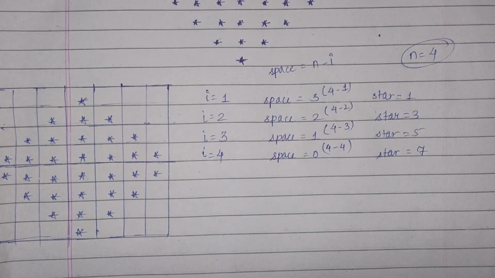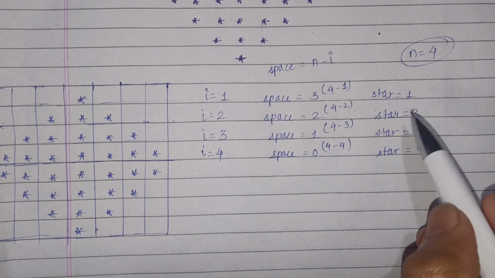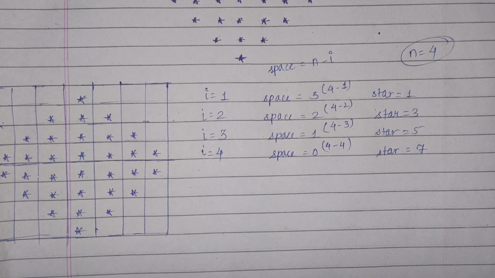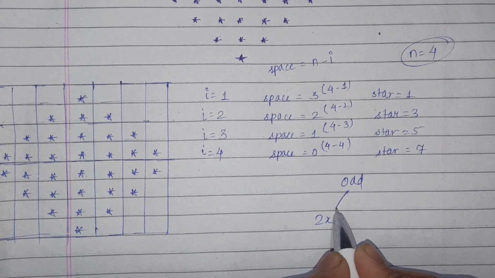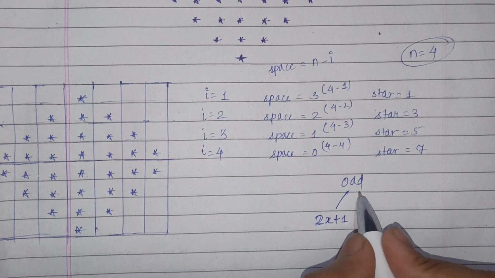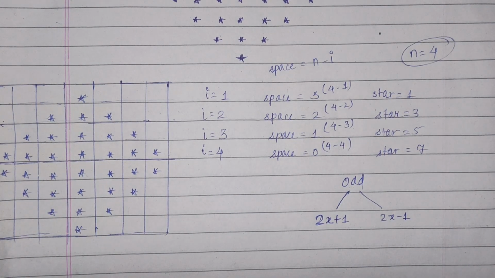Now for stars, as you can see, the stars are in odd numbers. So here we have to print an odd number of stars. Now in a quadratic equation, an odd number is written as 2x plus 1 or 2x minus 1.